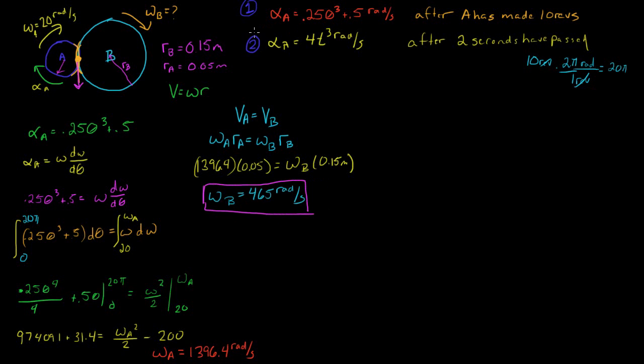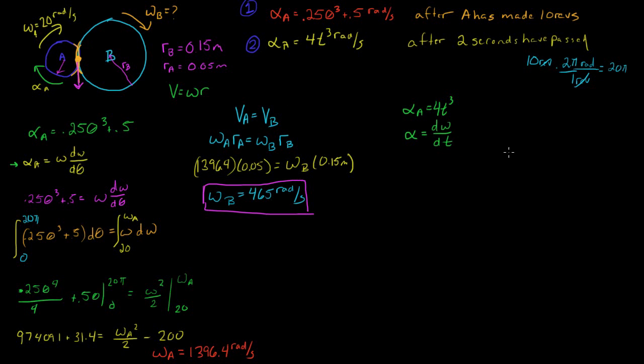Now, what do we do if this wasn't our angular acceleration and this was our angular acceleration? If our angular acceleration is equal to 4t cubed, this means it is a function of time. So instead of using this expression, we need to pick another one. Angular acceleration is equal to the derivative of angular velocity with respect to time.